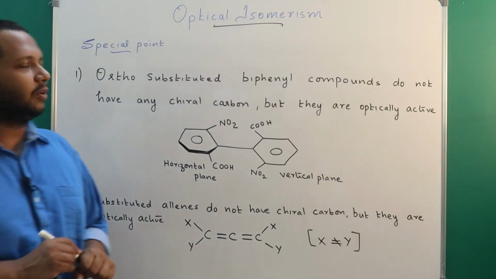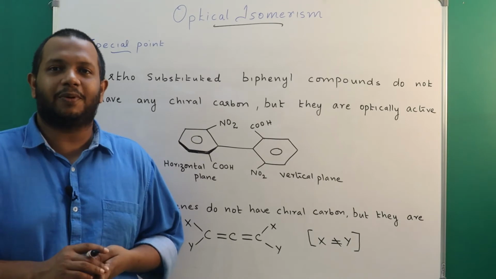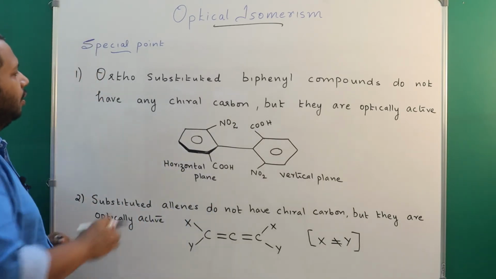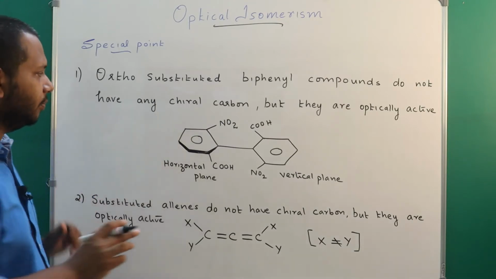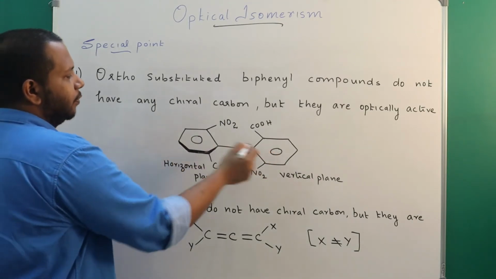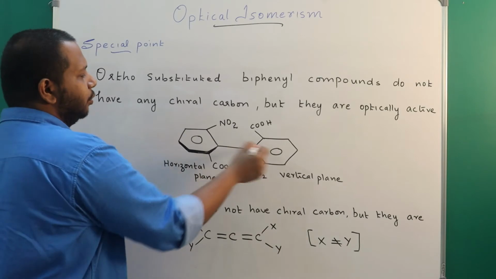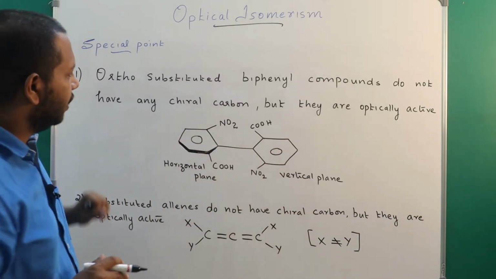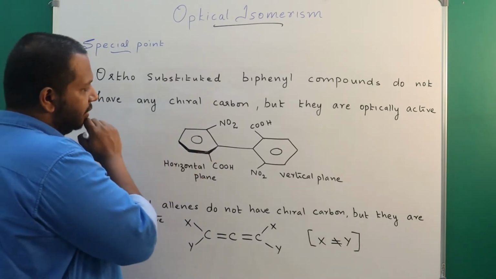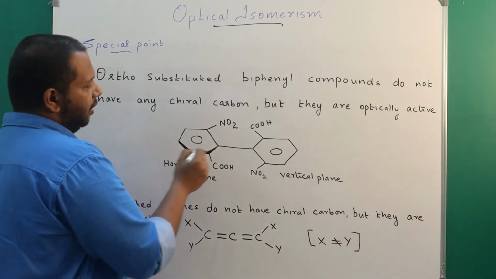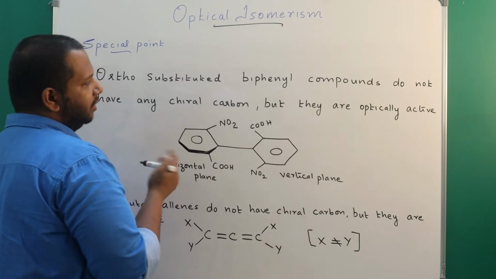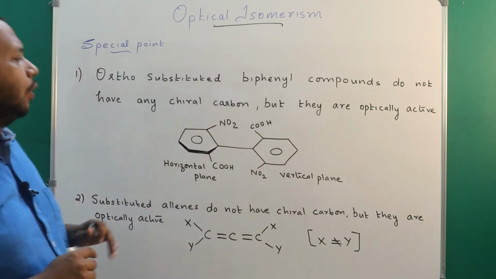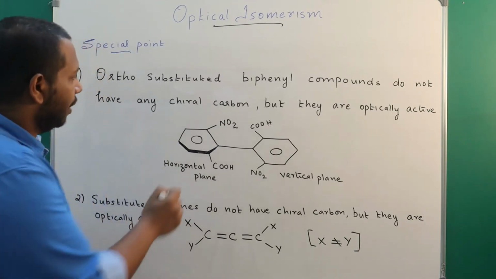Okay. So now let us discuss some of the special points associated with optical isomerism. See here. One such special point comes with biphenyls. This type of compound where two benzene rings are linked together is called biphenyl. Now if you observe these biphenyls, you can see there are no chiral carbon atoms here.